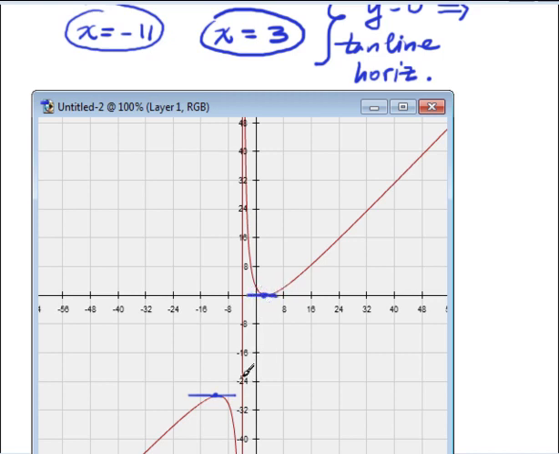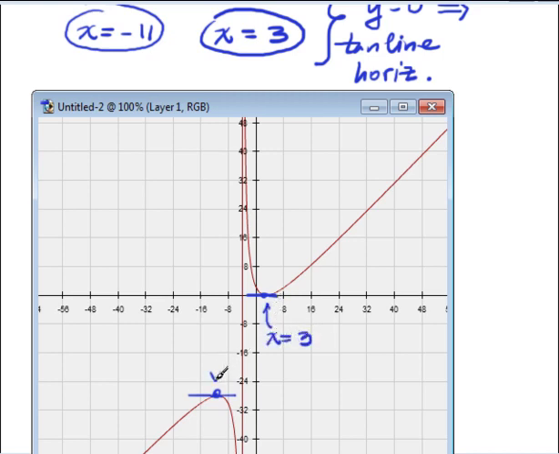Okay. What are the x values here? Well, this x value seems to be between minus 8 and minus 16, so that must be the x equals minus 11. And this x value is pretty close to 0, to the right of 0, so this must be the x equals 3.